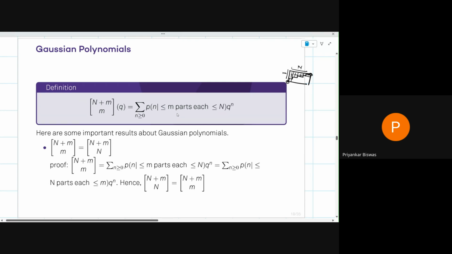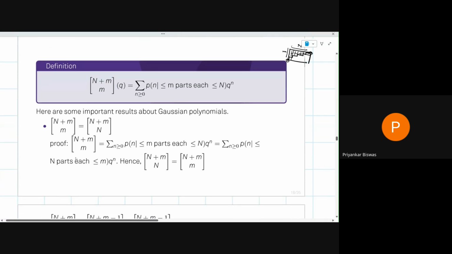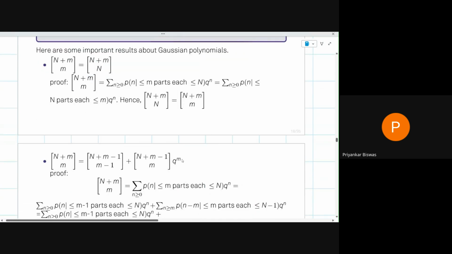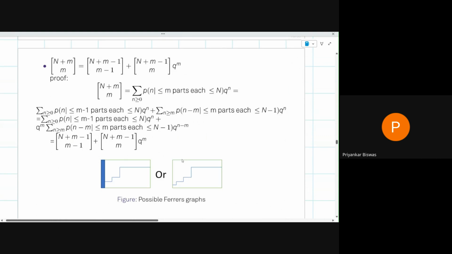This is just the flipping of Ferrers graphs case. So that's why you get this first equality, and this is the second one.